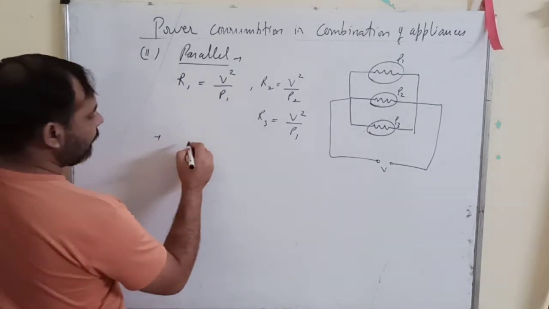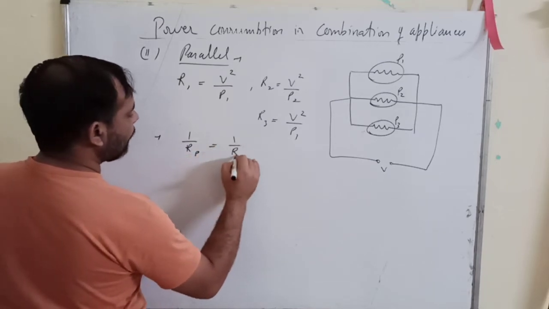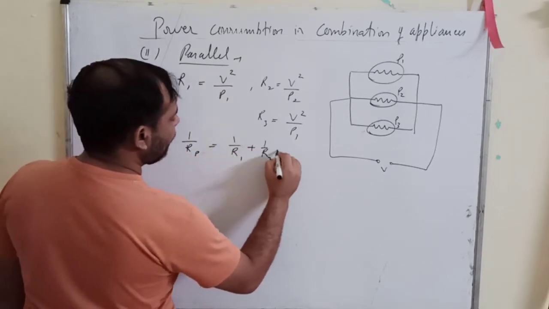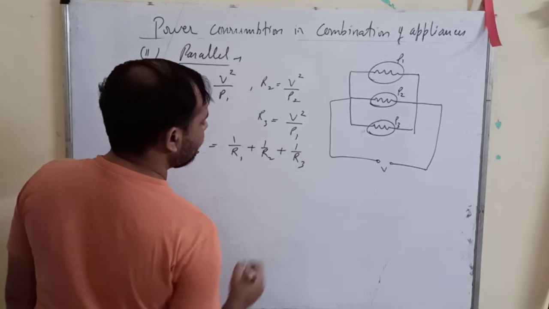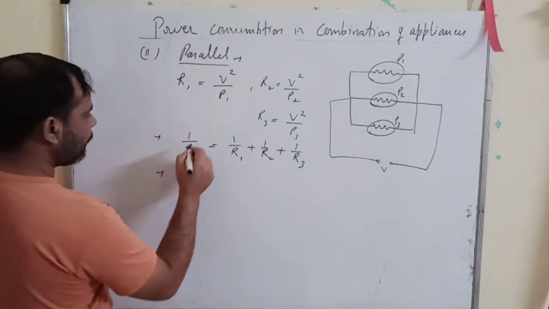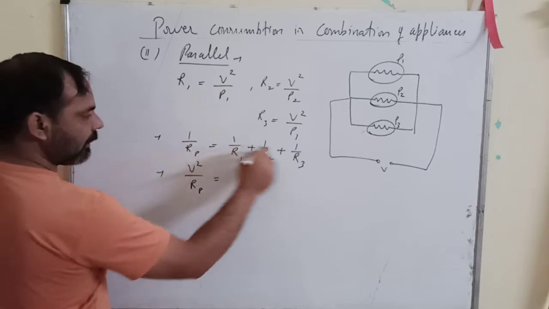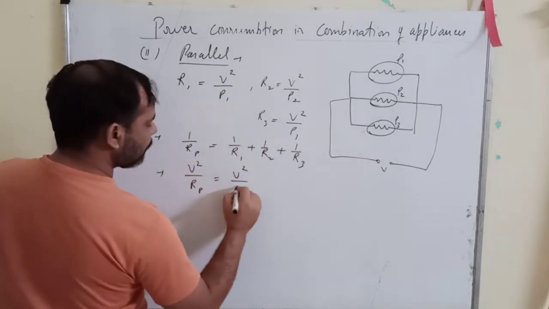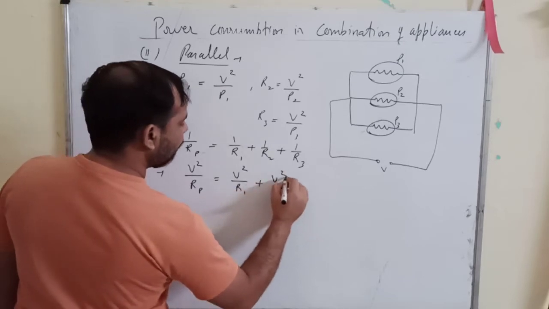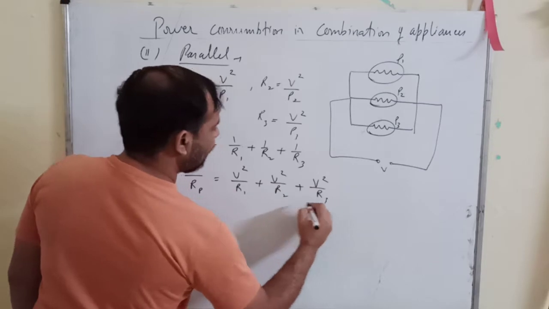So now in parallel combination we have 1 upon Rp equal to 1 upon R1 plus 1 upon R2 plus 1 upon R3. If you multiply by V square here, then you will multiply V square upon R1, V square upon R2 plus V square upon R3.